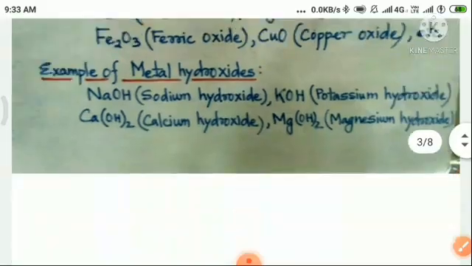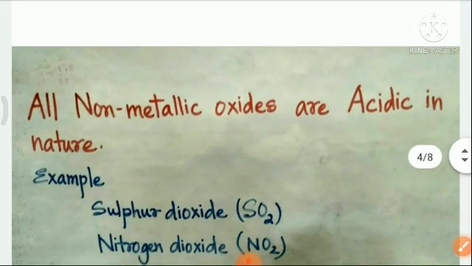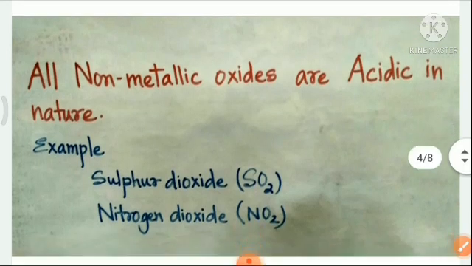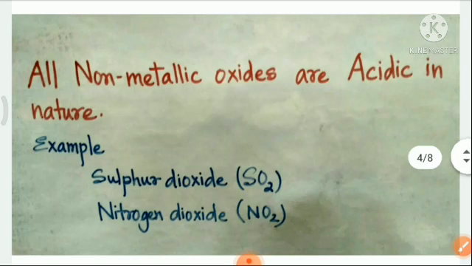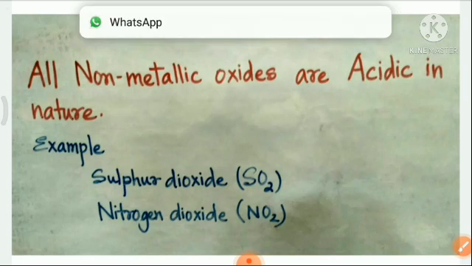Similarly, one more thing you have to remember: all non-metallic oxides are acidic in nature. Now there may be confusion about what is a metal and what is a non-metal. You will learn that in class 8, in the chapter called Metals and Non-metals.